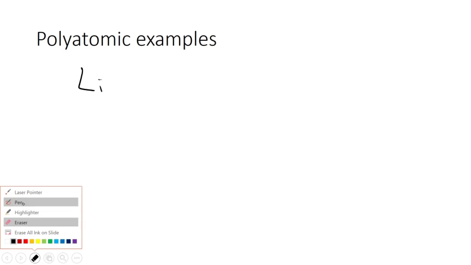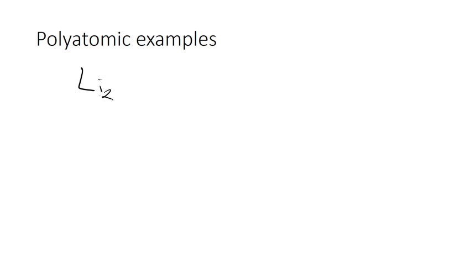Then if we want to go formula to name, maybe we have... I meant for that to be a 2. All right, so looking at this, we're starting out with lithium.